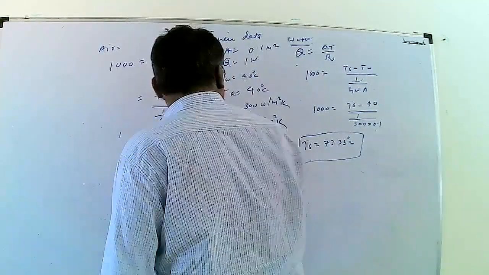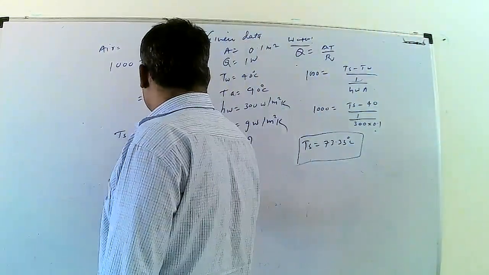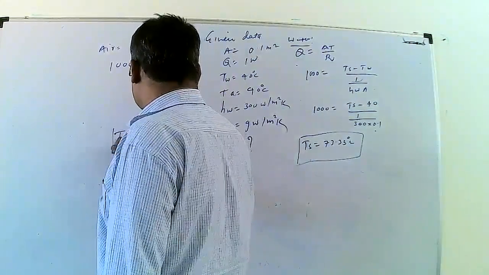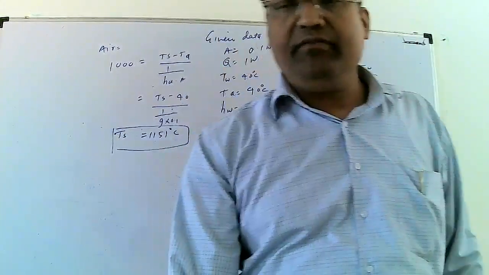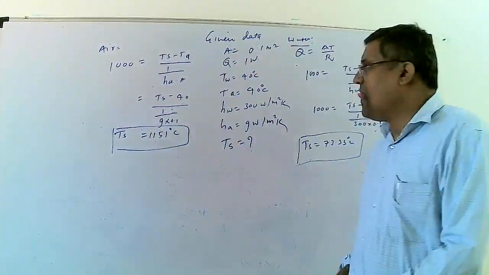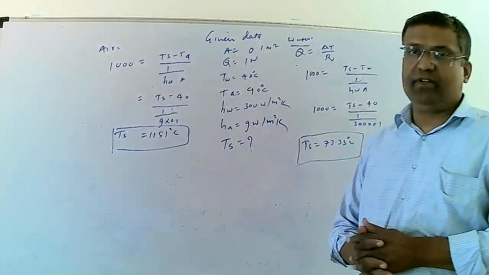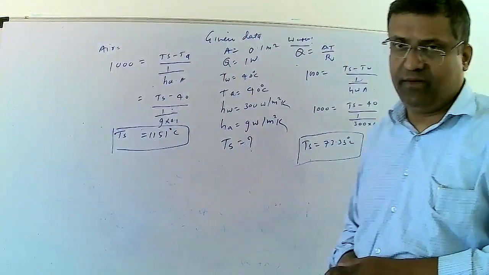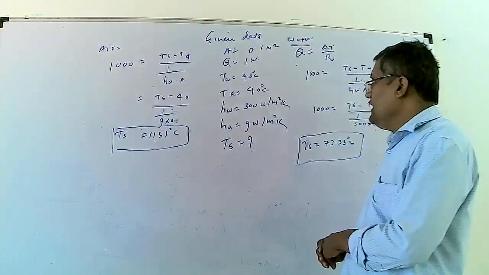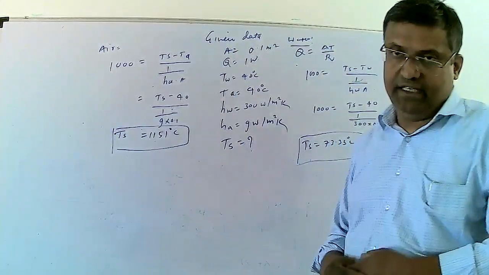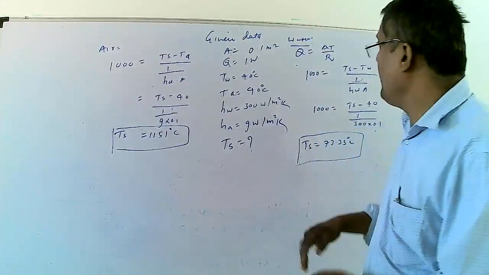Then we calculate TS, and this is the final value you will get. Very simple way to calculate surface temperature. The information given is area, heat transfer rate, water temperature, air temperature, hW, hA. Then how to calculate TS? We calculate TS for both water as well as air.